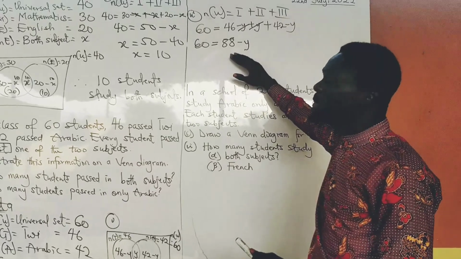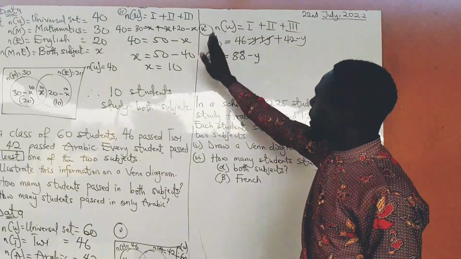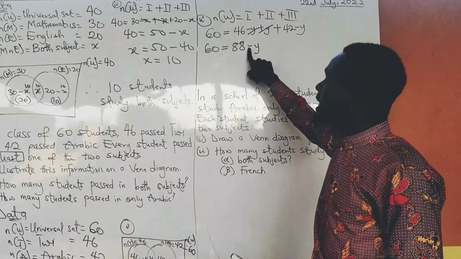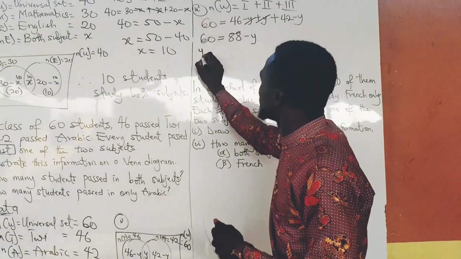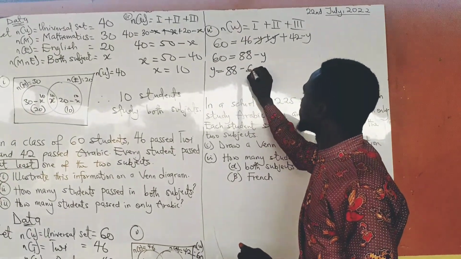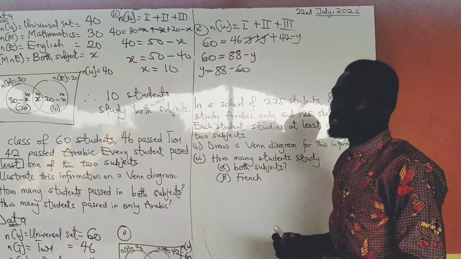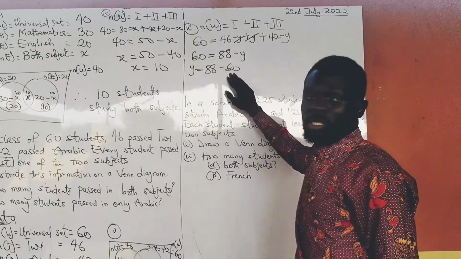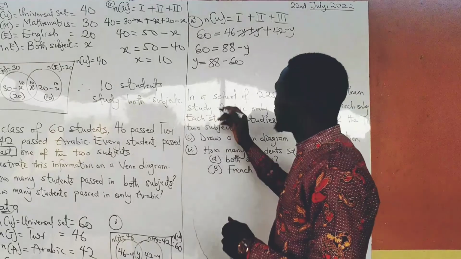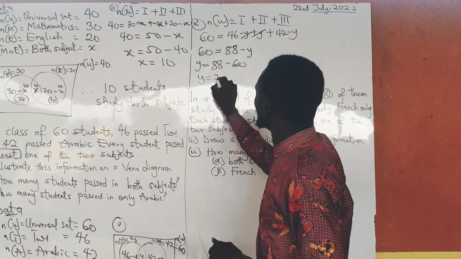Then from here we group like terms. If we lift the Y to this side, the negative sign here will change to positive Y, which is equal to 88 minus 60. So now that I have 88 minus 60, if you subtract 60 from 88, you have 28 left. So Y is equal to 28.